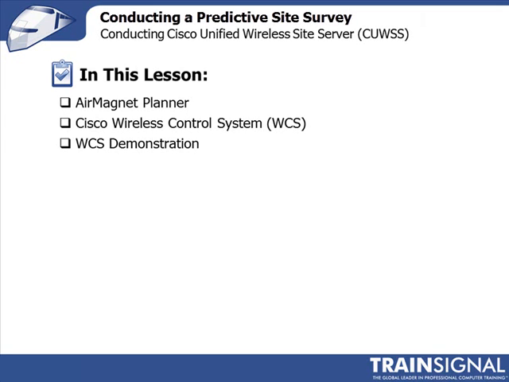The reason they use the Air Magnet Planner tool is that the results from this can be imported into the wireless control system. Alternatively, you can use the Cisco wireless control system as well. We're going to talk about that, and then we're going to do a demonstration that uses the wireless control system.